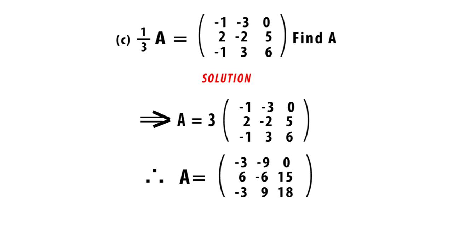So we can take away the fraction at the other end and make A the subject. When we simplify that, it gives us -3, -9, 0, 6, -6, 15, -3, 9, 18. Therefore, the matrix A is equal to -3, -9, 0, 6, -6, 15, -3, 9, 18. Great.